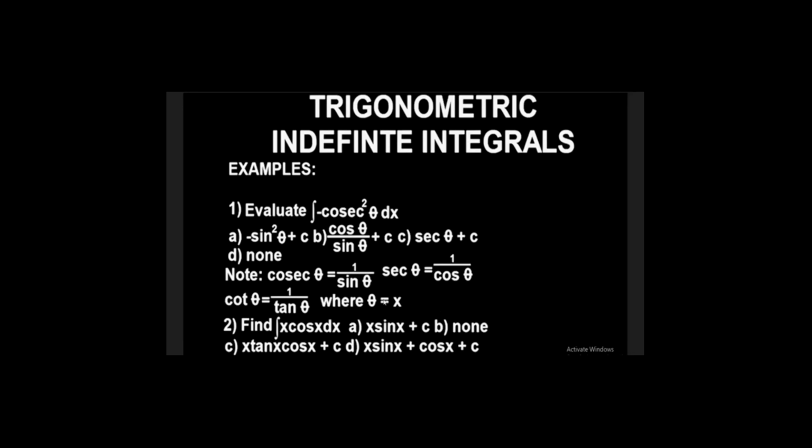Now guys, these things are very important. On the calculator, there is no cosec, there is no sec, there is no cot. So since we don't have these three identities on the calculator, we're going to replace them with 1 over sin theta, 1 over cos theta, and 1 over tan theta respectively.